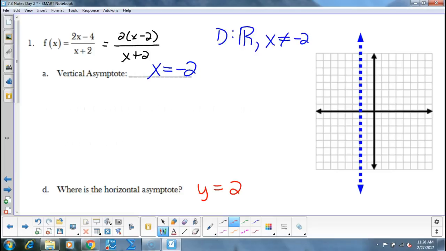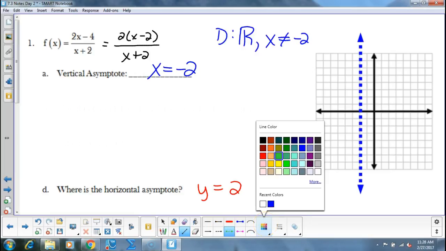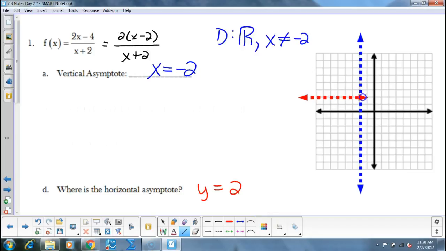How does that go onto my graph? Horizontal dashed line. Again, big, bold, so that you can see it. You want to be able to see that stuff.